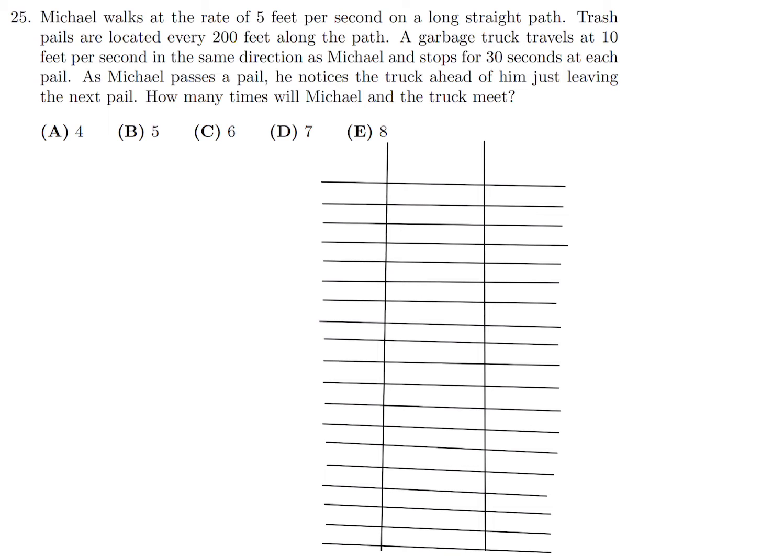So we have to first understand this question, and then we have to find out which points the truck and Michael meet at. All right, so we will figure out Michael. We will figure out the garbage truck, G for garbage, and this is the time.